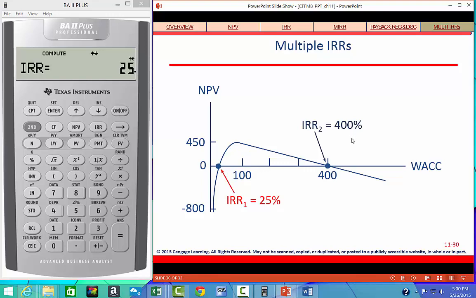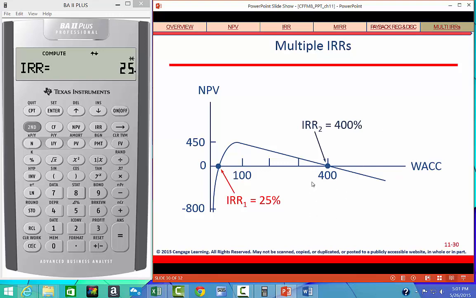Because when you get into more than one change in sign, it just goes crazy, and it has two or more IRRs based on the number of changes in sign. So there are two IRRs that would make the net present value equal to 0, and you can't make a decision at all with the project.